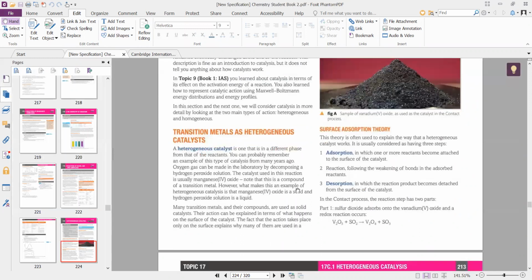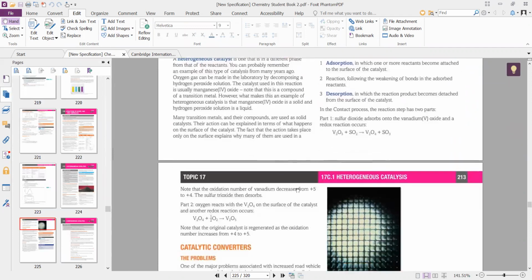Another example, vanadium oxide V2O5 in the contact process. Here they are explaining in terms of oxidation number. The sulfur dioxide adsorbs onto the surface of vanadium oxide and a redox reaction occurs.